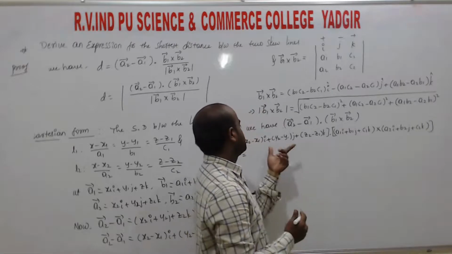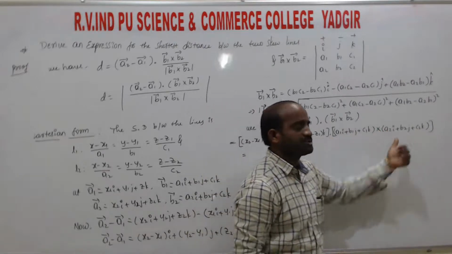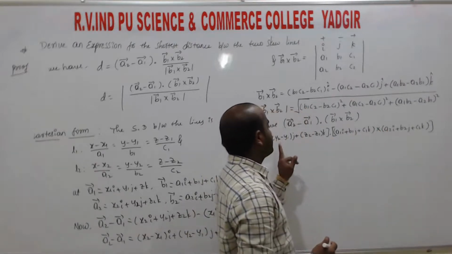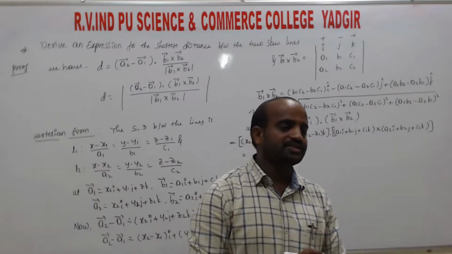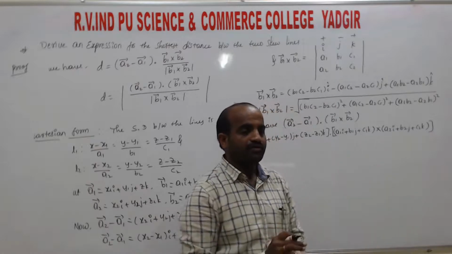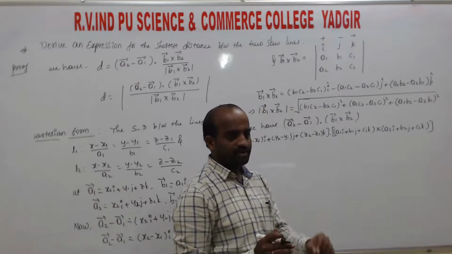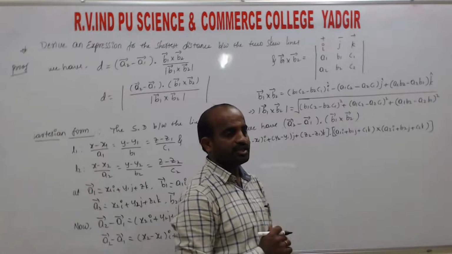This is the form of a dot b cross c, the scalar triple product of three vectors. A dot b cross c is equal to the determinant with first row a components, second row b components, third row c components.